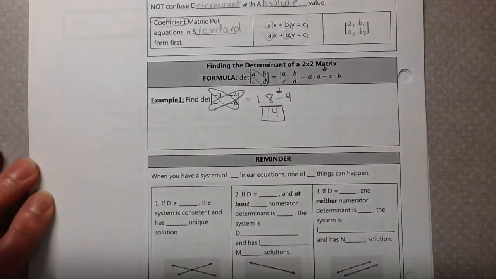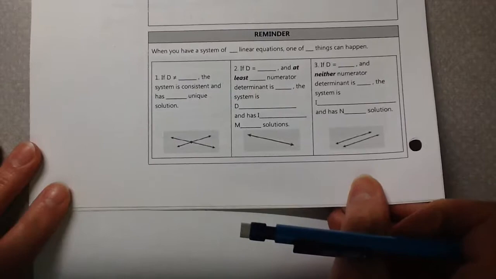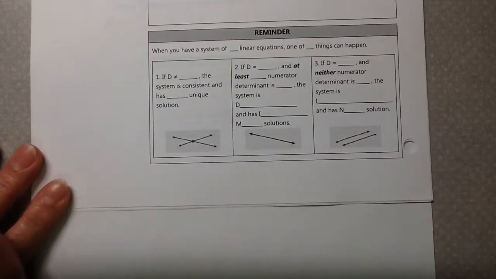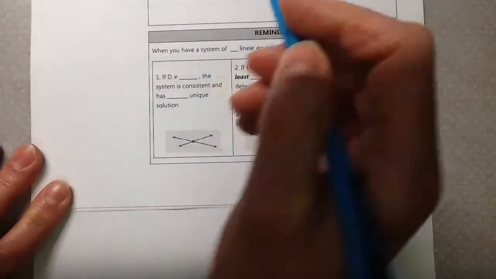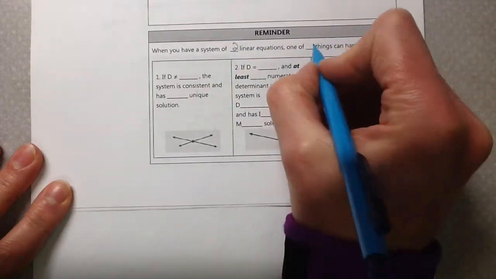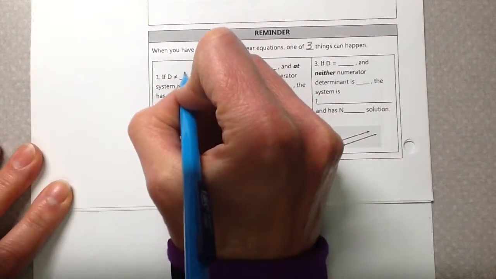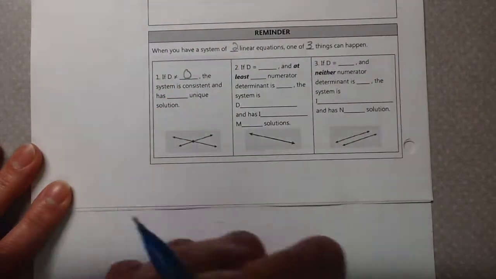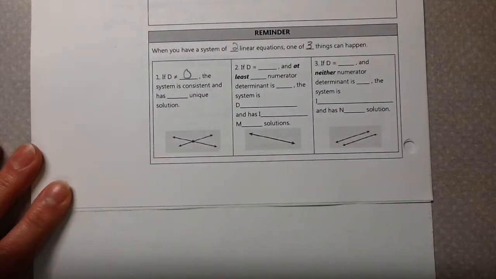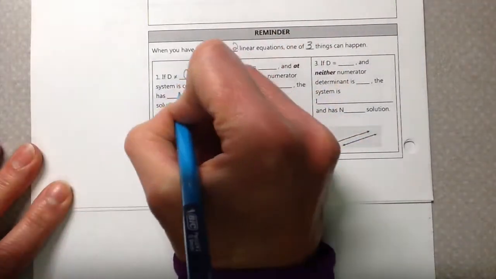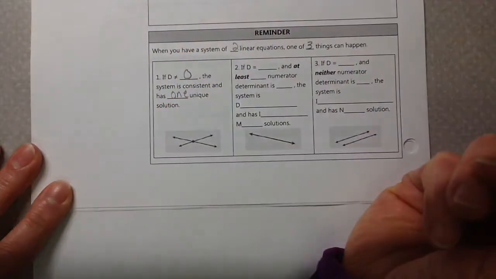So that's your determinant. Okay, I just want to remind you that when you have two lines that intersect, when you have a system of two linear equations, one of three things can happen. The determinant may not equal 0, and then the system is consistent and has one unique solution.